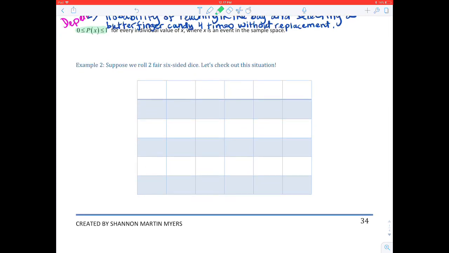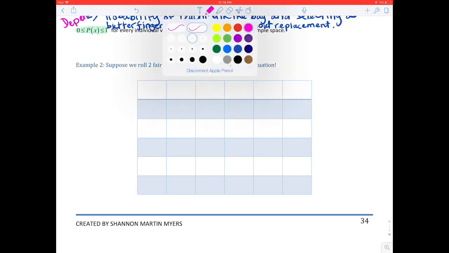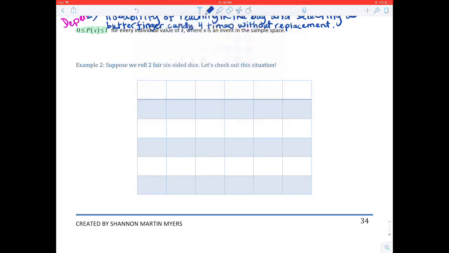Suppose that we roll 2 fair 6-sided dice. Let's check out the situation. Let's make a chart. So, one way to look at these things is what can you possibly roll? 6 sides.